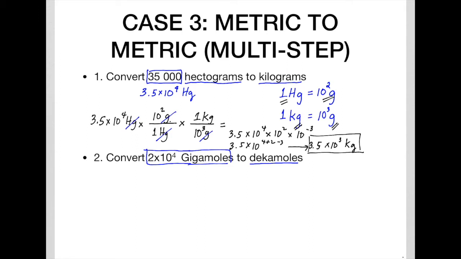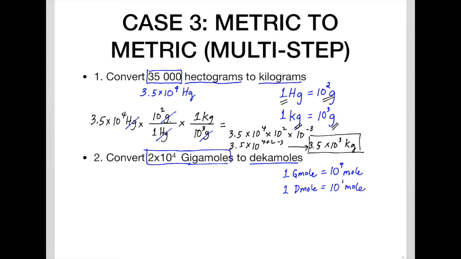That is gigamole, and we all know that 1 gigamole is equal to 10 raised to 9 mole. So we have here another, 1 decamole equals 10 raised to 1 mole.